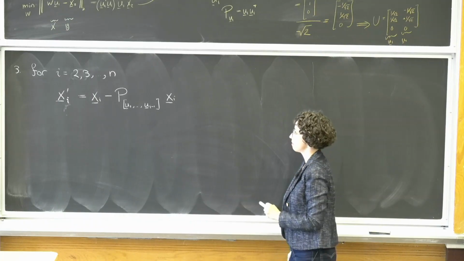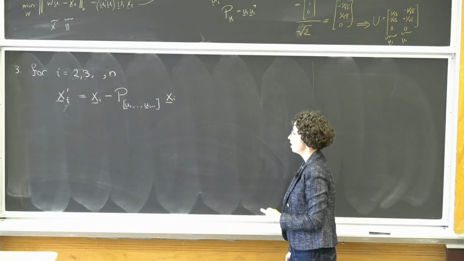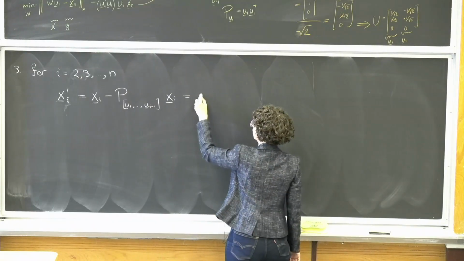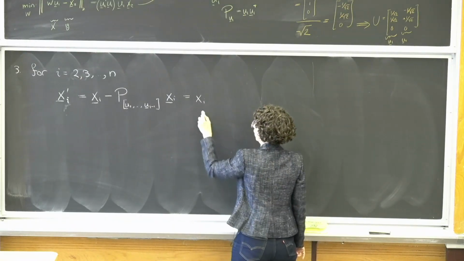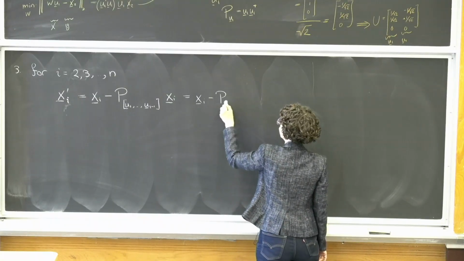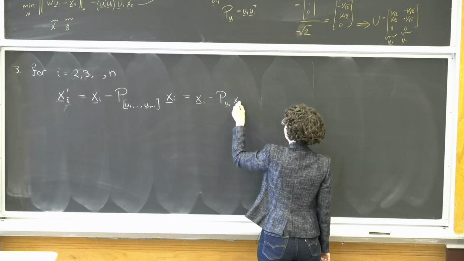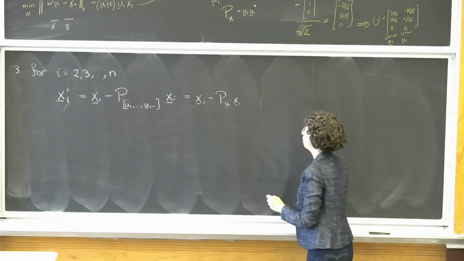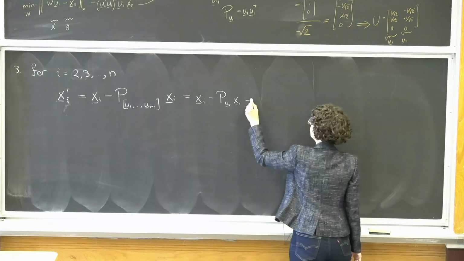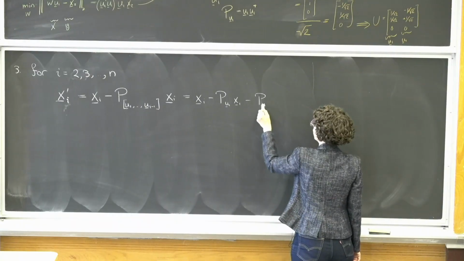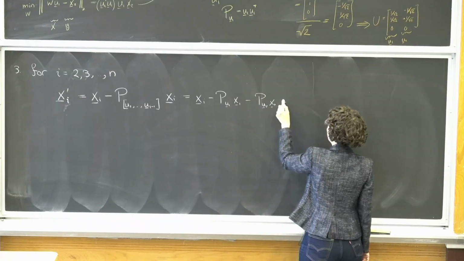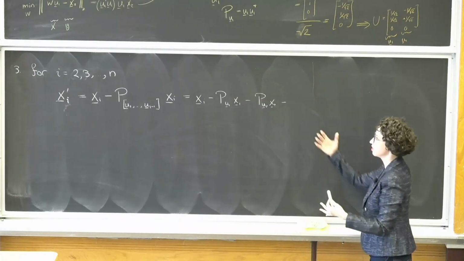Let's unpack that a little bit. This is equivalent to saying that we are taking xi and subtracting off all of the components of xi in the u1 direction. Then we also subtract off all of the components in the u2 direction, and then in the u3 direction, et cetera, all the way up.